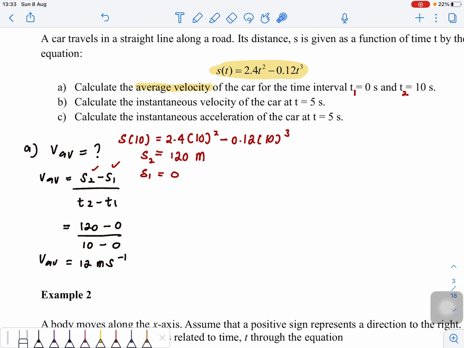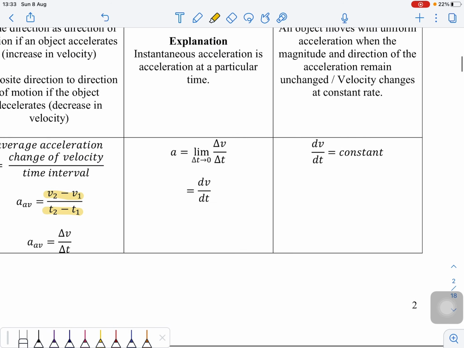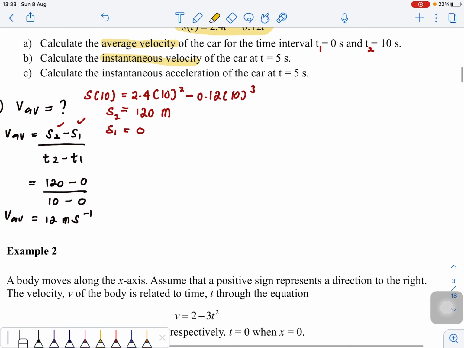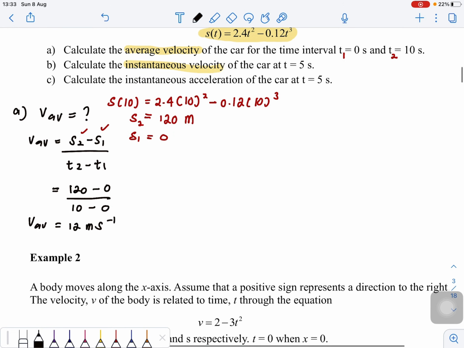Second one, calculate the instantaneous velocity of the car at 5 seconds. So, instantaneous velocity. So, kalau tengok dekat sini, the formula for instantaneous velocity is this one, ds over dt. So, V is ds over dt.